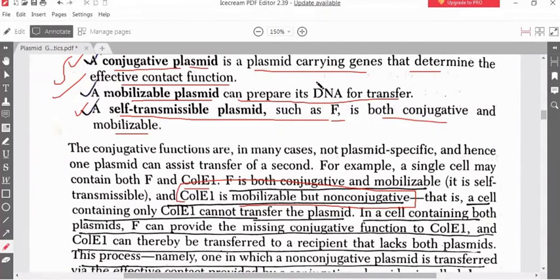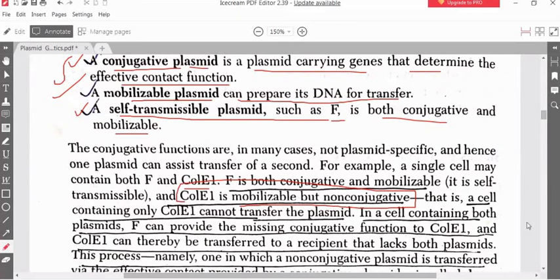If someone can make the pili, then the COL-E1 plasmid can be transferred from the donor bacteria to the recipient bacteria. Once again, non-conjugative means they are not able to make any pili. So if they are not able to make any pili, they cannot conjugate. So they need the assistance of some other plasmid.